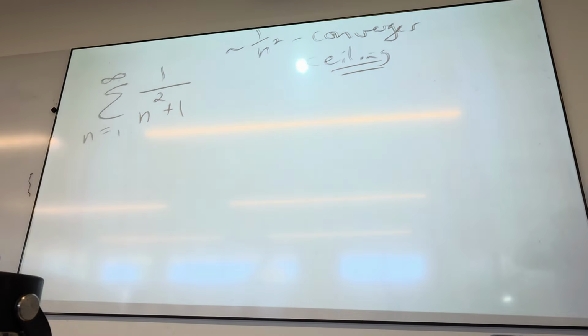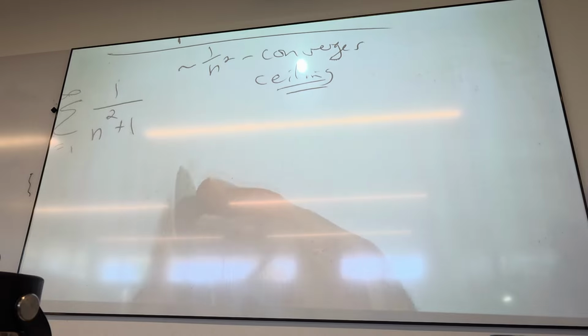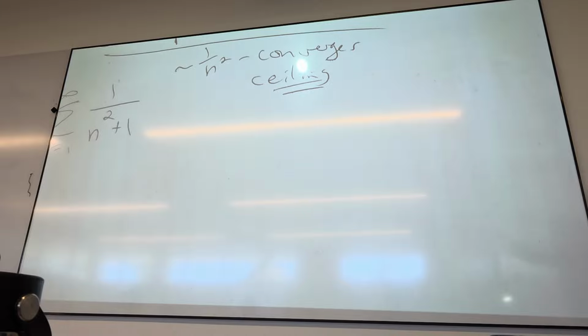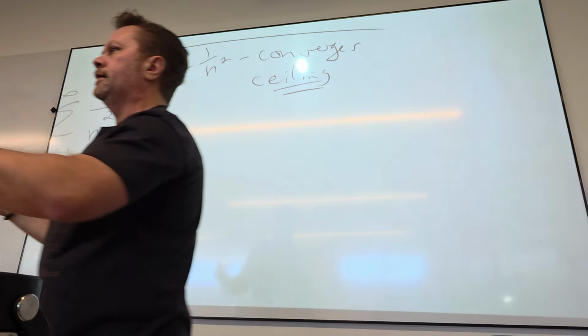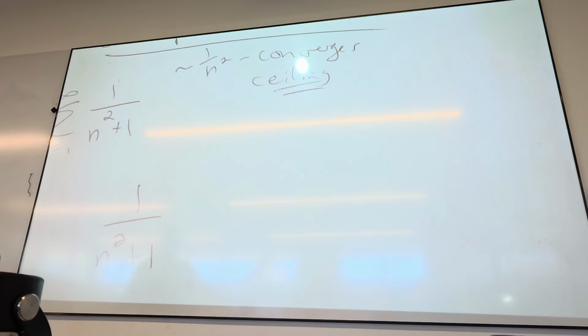So here's the thing. This is the part that feels like cheating. I'm going to construct another series. It's not given to me. I'm given this one. I'm going to do several steps. In fact, this one's going to be easy. I'm going to do one step when we're done. Some of them could require several steps. I want to modify the one I'm given, and I always want to find a ceiling, correct?